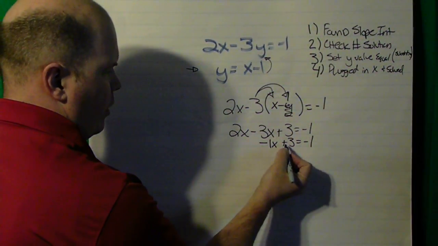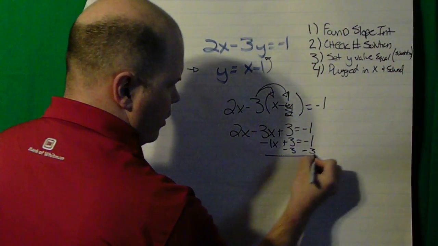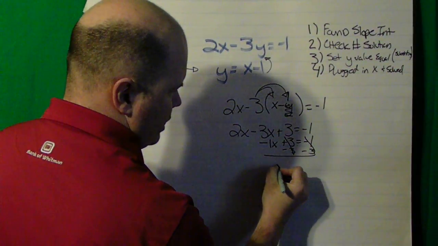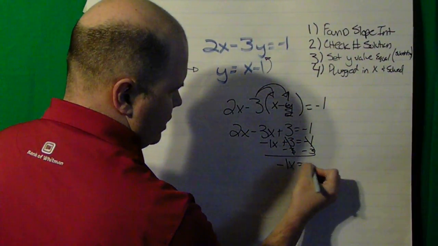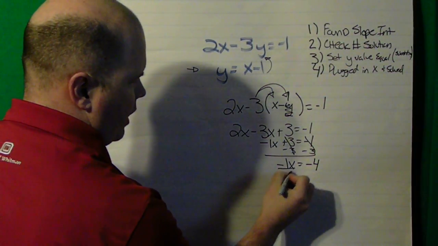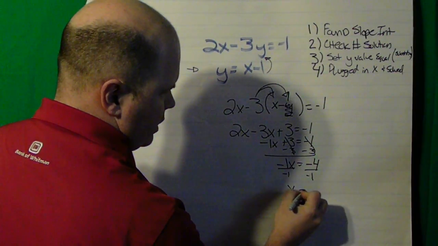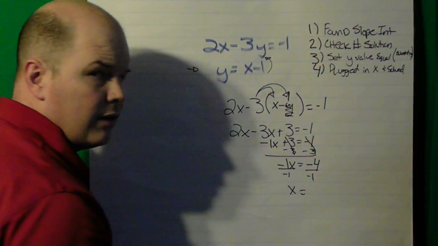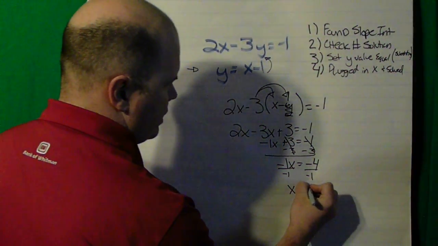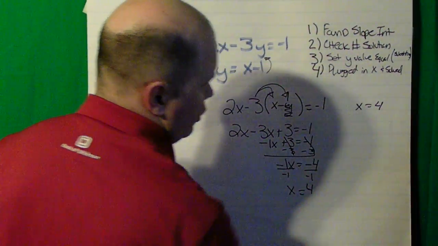Now I'm going to take 3 away from both sides because I need to get my x by itself. So I have -1x is equal to -4. And then I have to divide both sides by -1. So I get x is equal to -4 divided by -1. A negative divided by a negative is a positive. So I know my x value is going to be equal to 4.